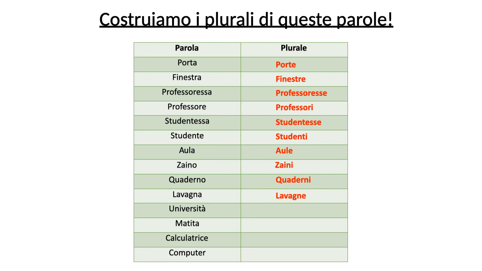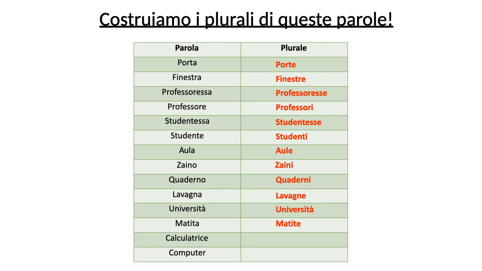Università, oh, attention, accent at the end. So università stays the same. Università. Prossima parola, matita. This one does not have an accent, so the rule is A goes to E. Matita, matite. Calculatrice.